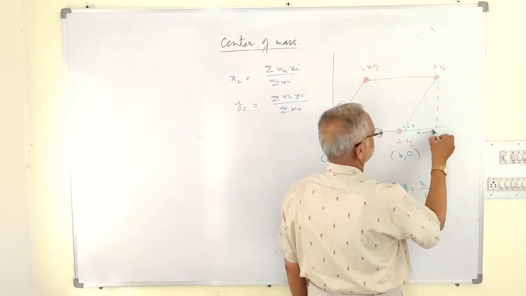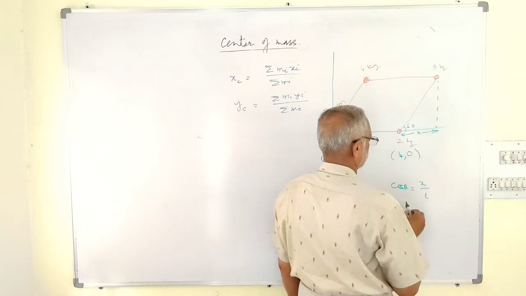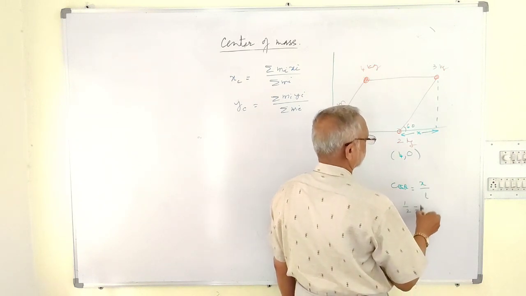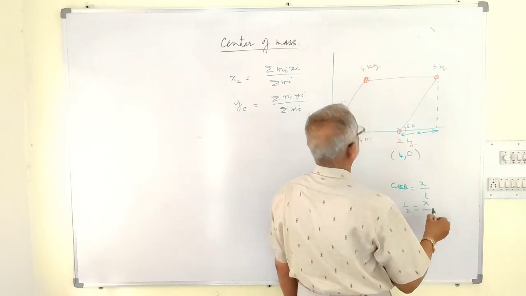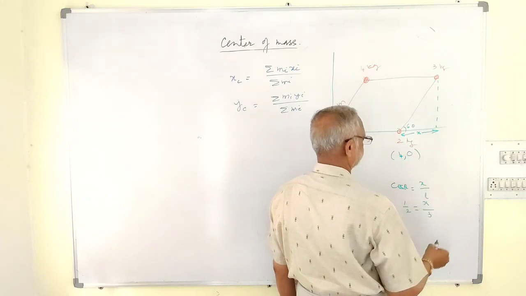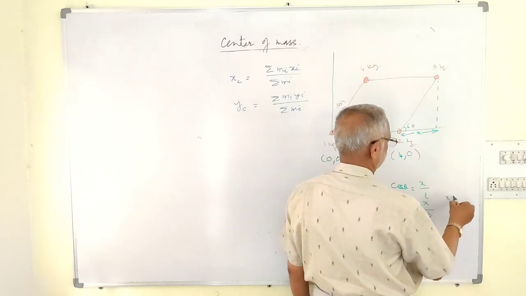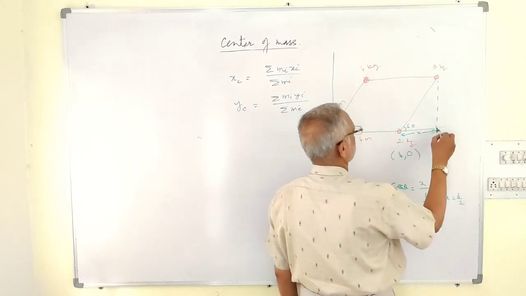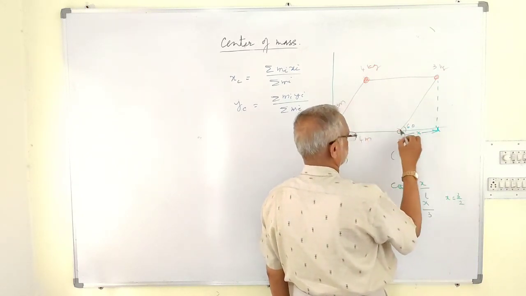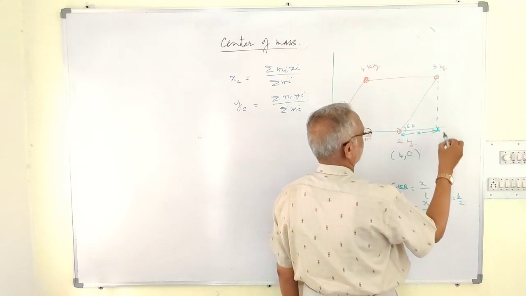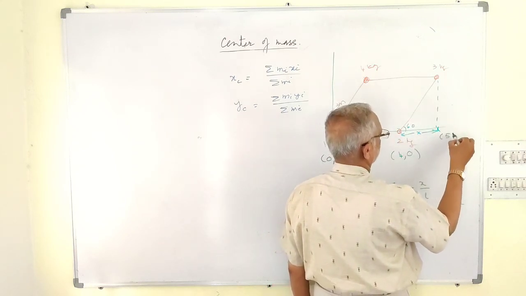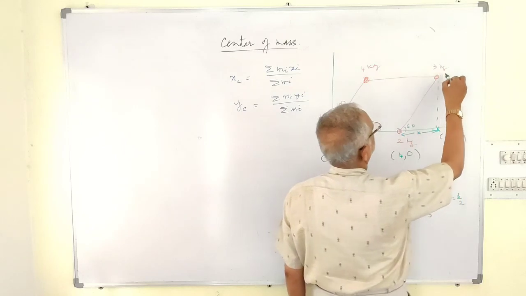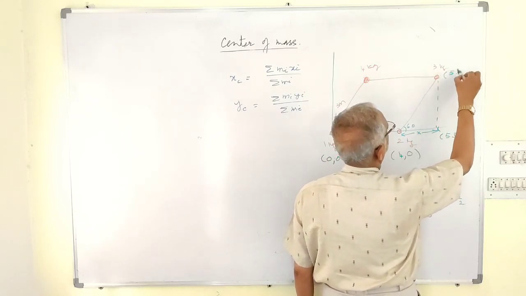Suppose this is x, cos 60 is half, this is equal to x by L, L is how much? 3. So x is equal to 3 by 2, 1.5. So what about the coordinates of this point? Up to this is 4 plus 1.5, so this is 5.5. So the x coordinate of this one is 5.5.